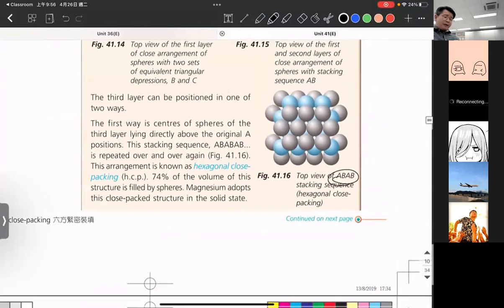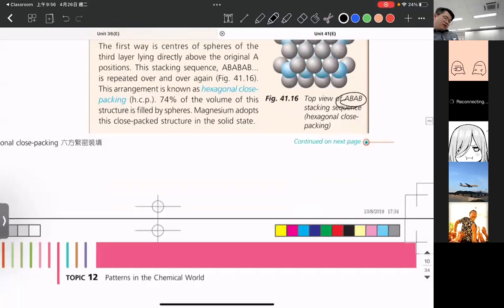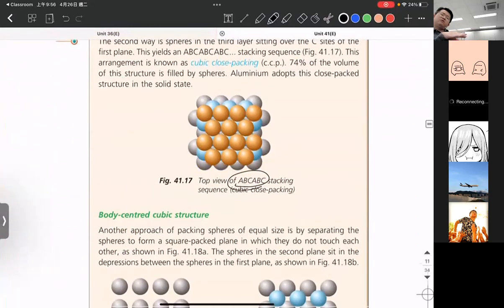For this one, the AB layer means layer 1, layer 3, layer 5, layer 7, the odd number layers, are in the same position. The metal atoms are packed in the same position. While for the ABC layer, we've got three different ways of placing it.